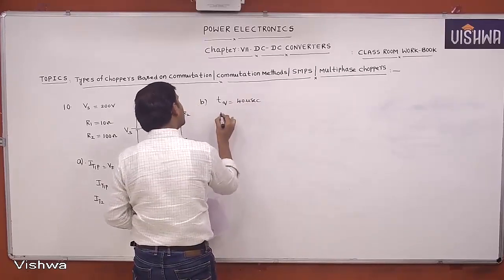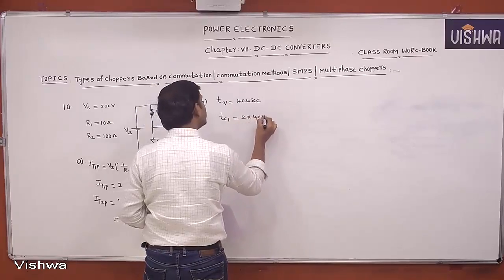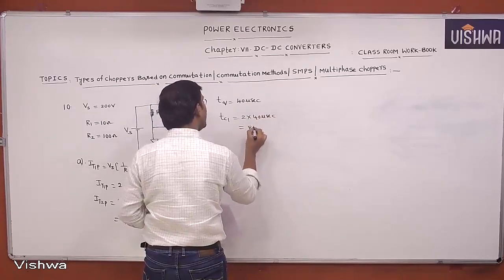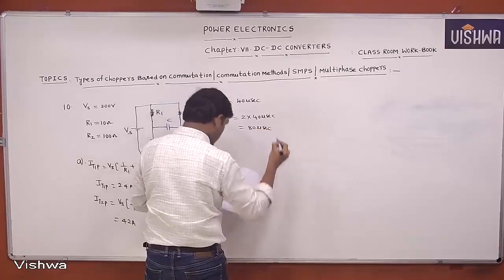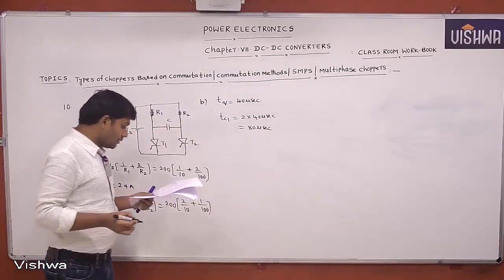But the circuit turn off time is safety factor into device turn off time, which is 80 microseconds.